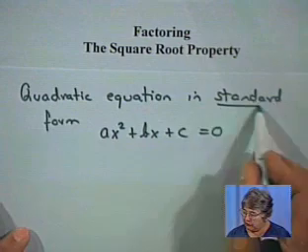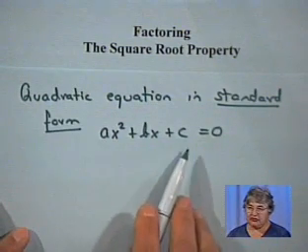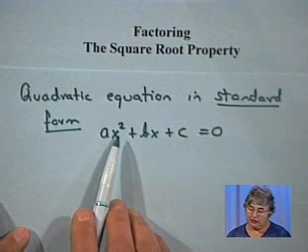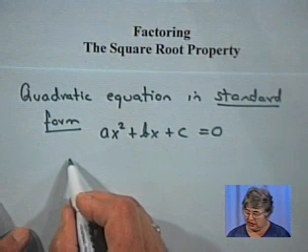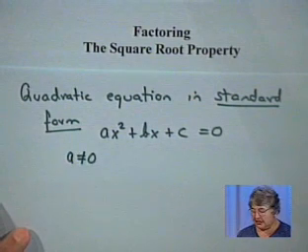So when we talk about a quadratic equation in standard form, we mean for one side to be 0, everything to be on the other side, and the highest exponent on the variable is going to be 2, and so we say this is a quadratic equation as long as the coefficient.